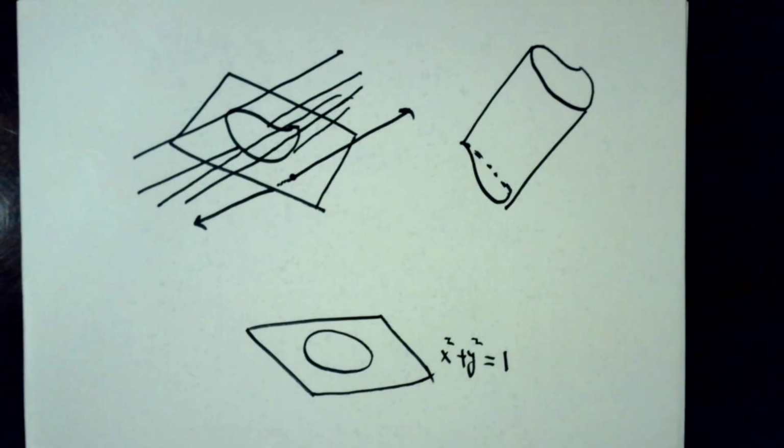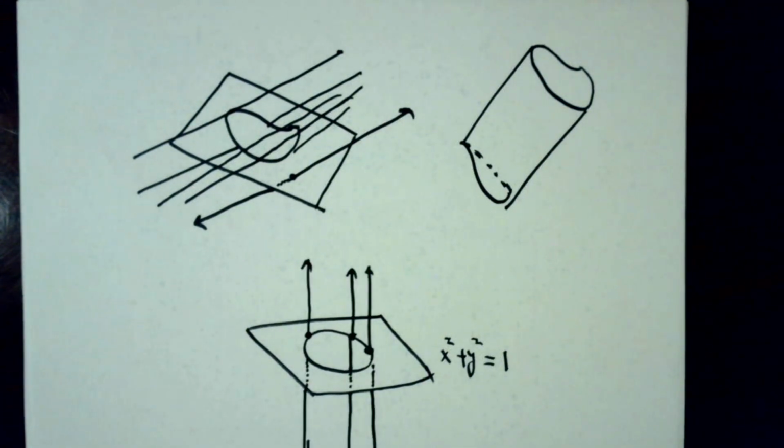So for each one of those points, I'm going to draw a straight line through the point that's at right angles to the plane, parallel to the z-axis. If I only draw in a few, you begin to see what's happening. Every point on this circle is going to have one of these lines through it, and as a result, I get a continuous, unbroken surface when I look at all of them.